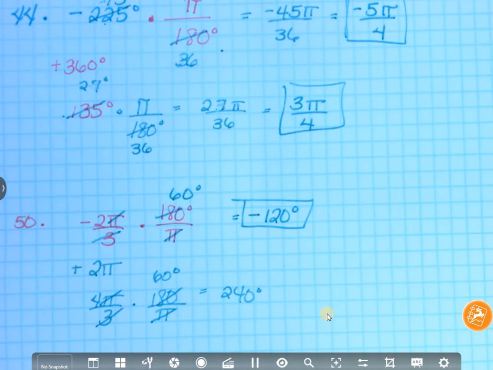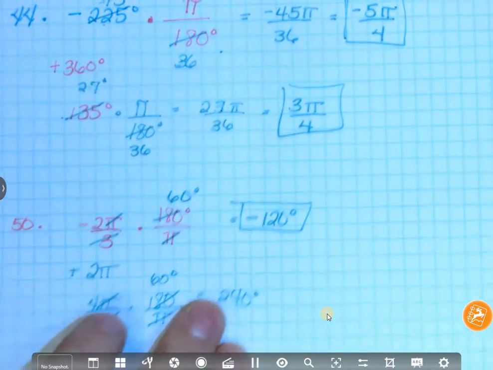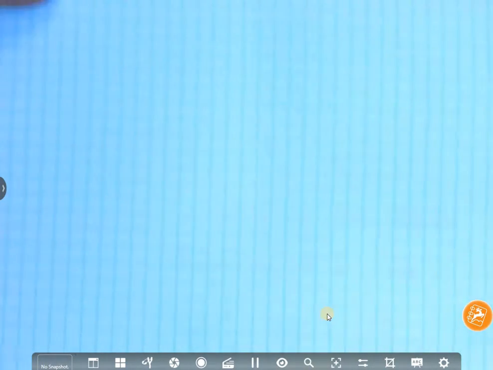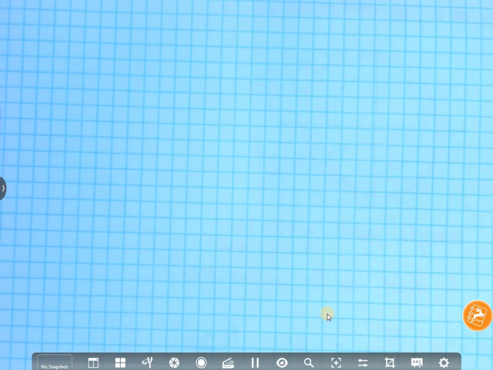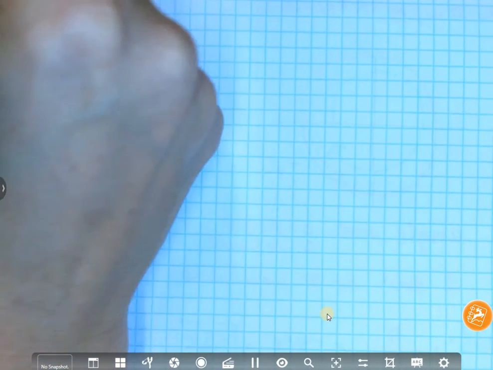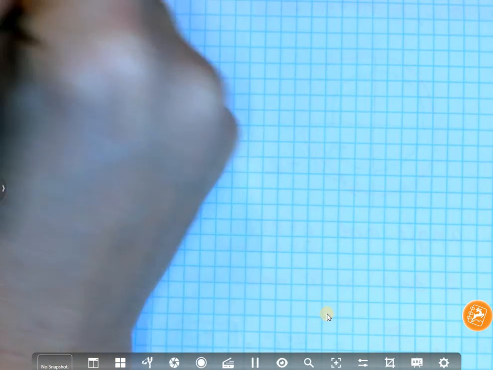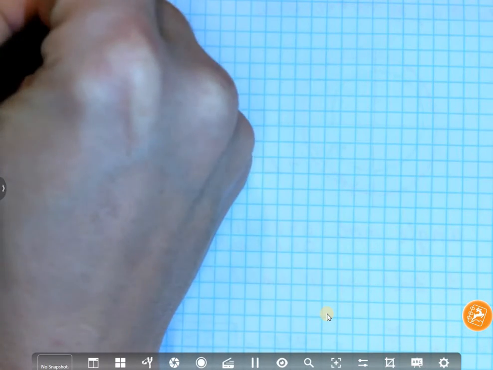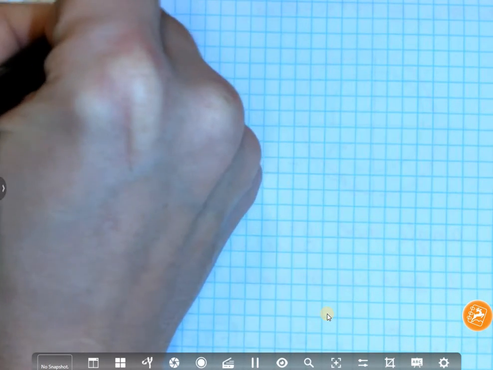All right. The 384 page. One more time. 54. So 54 is 11 pi over 4.